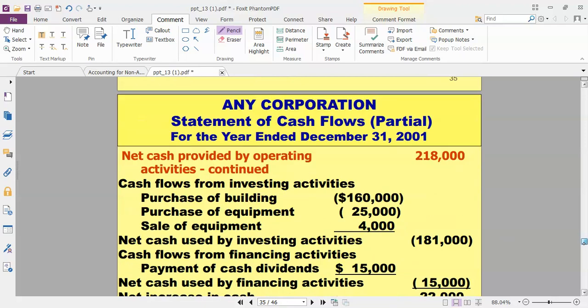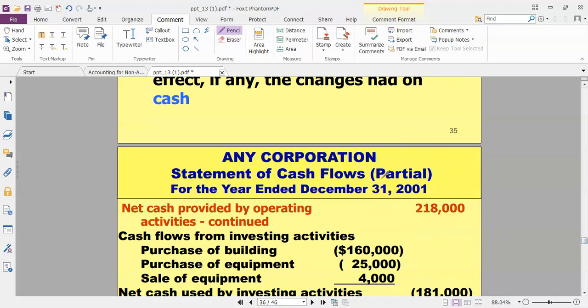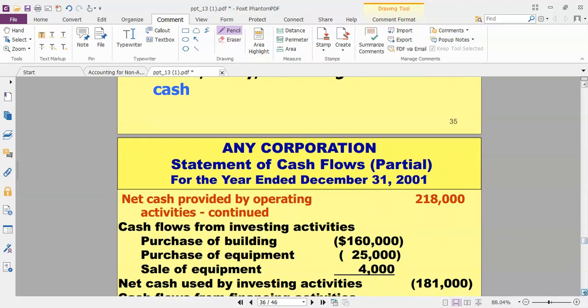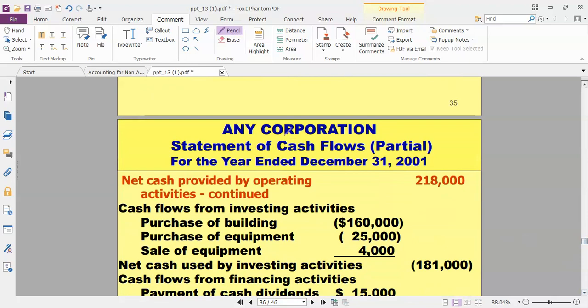Okay, so continue with, at the top we discussed how we derive the operating activities 218,000, right?